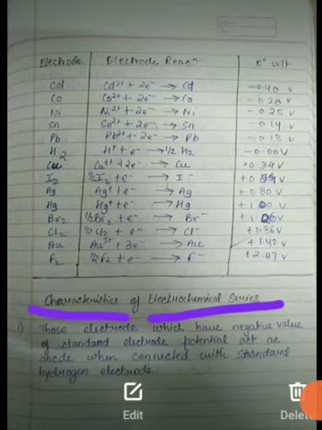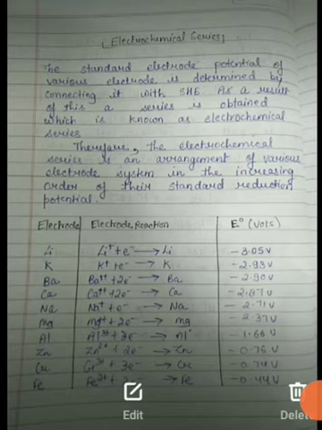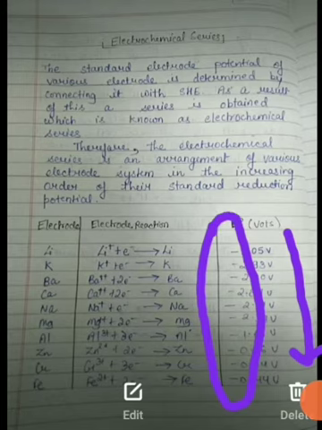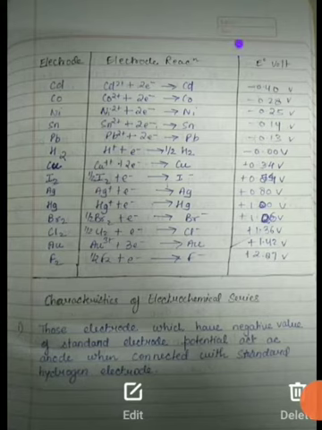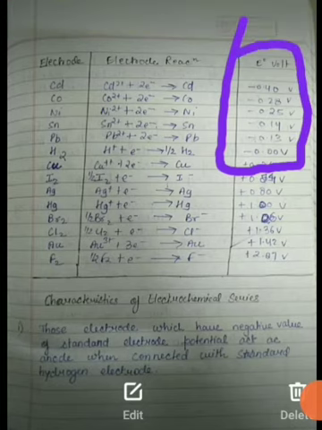Now what we have to see is that the values are negative. You can look here, all the values are negative up to the value of hydrogen. So it indicates something.